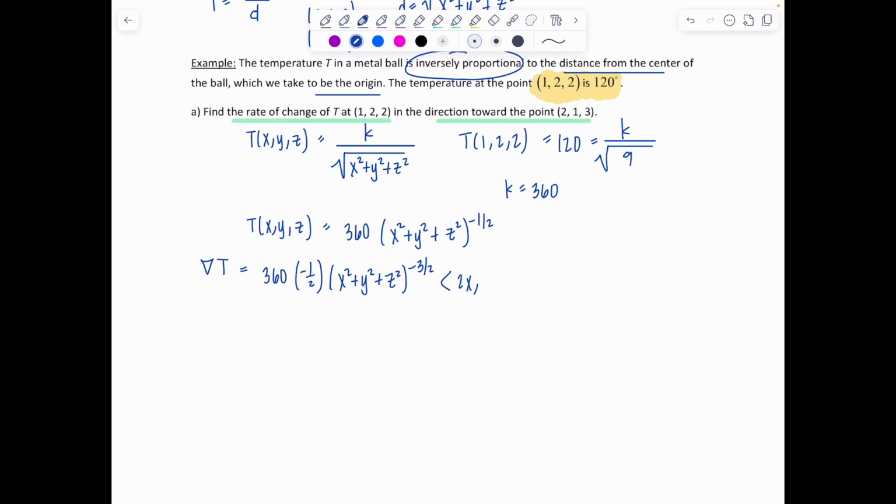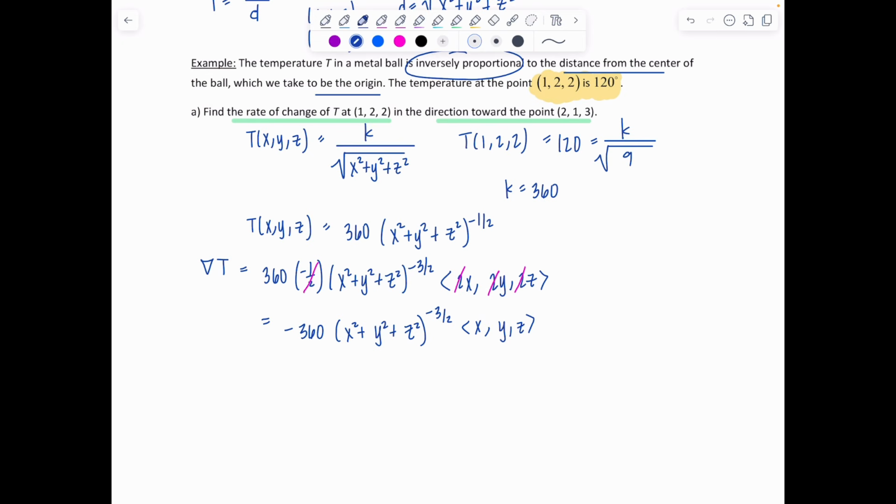Times 2x will be the chain rule for the first component, partial with respect to x, 2y, and 2z. Okay? And then maybe you notice, oh, these 2's cancel with the 1/2. So I'm just going to be left with negative 360 (x squared plus y squared plus z squared) to the negative 3/2 times (x, y, z).